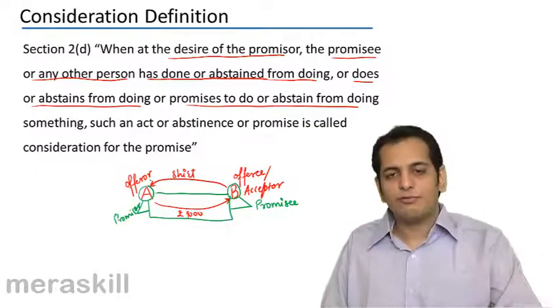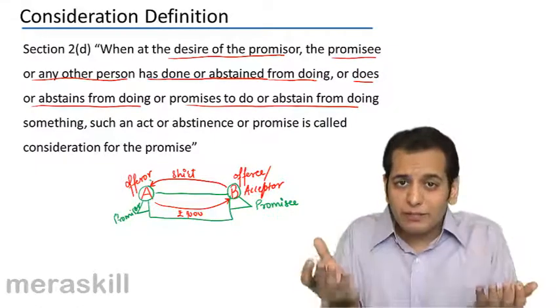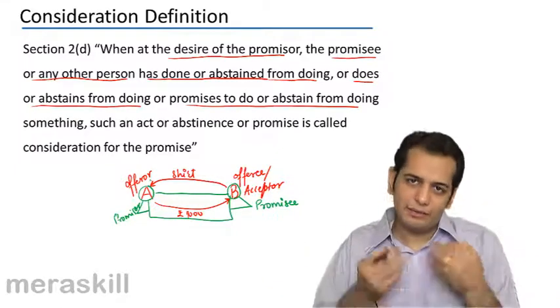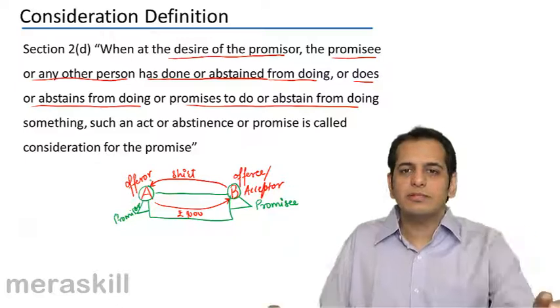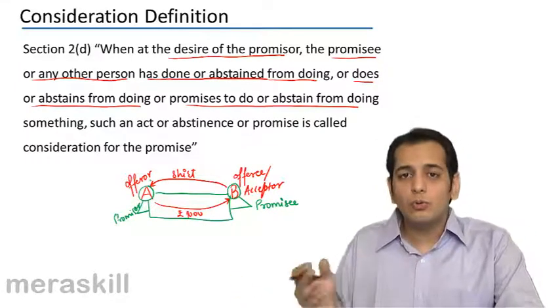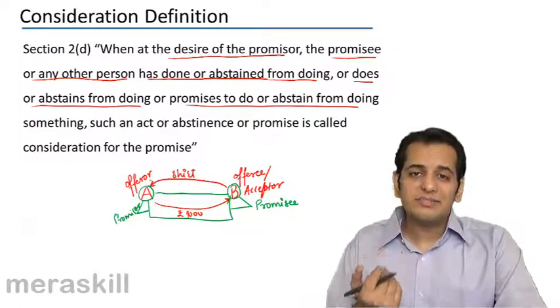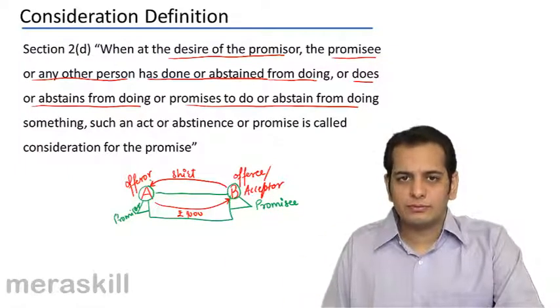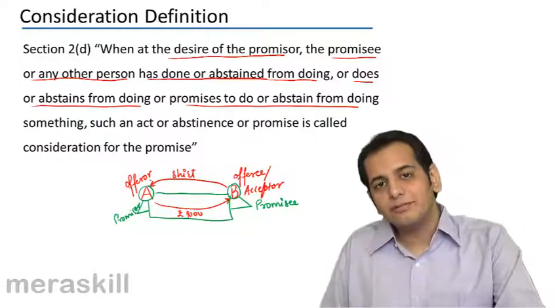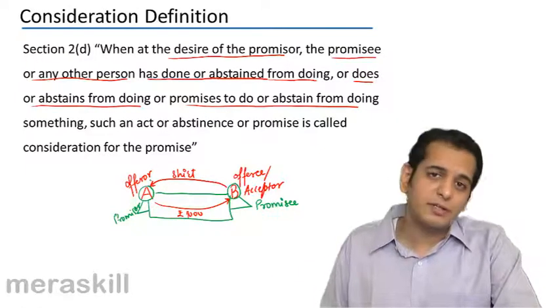As was the case in offer and offeree, A was offering, so he became the offerer. Likewise, A is promising, so he becomes the promiser. And B becomes the promisee who is receiving the promise. A is making the promise, B is the beneficiary. He is receiving the benefit of the promise.